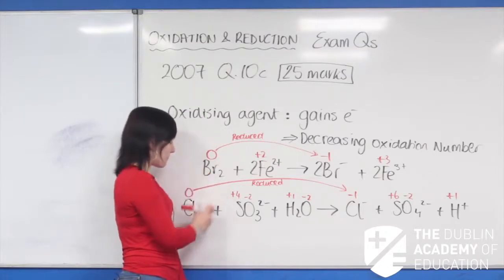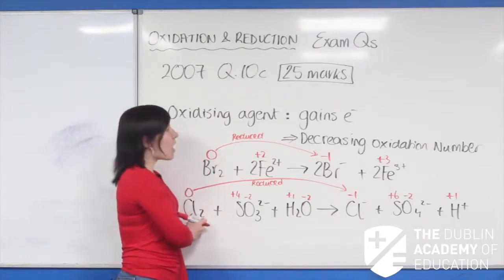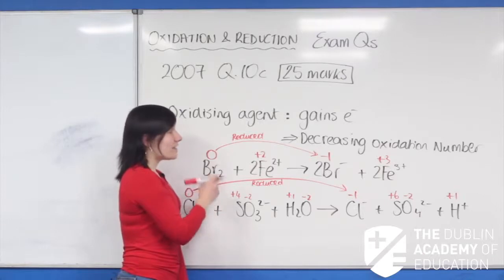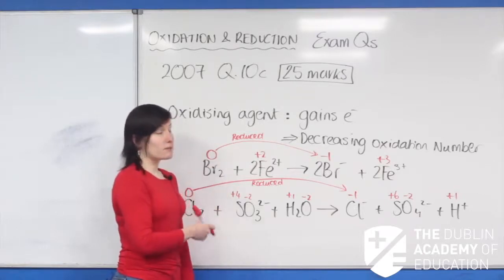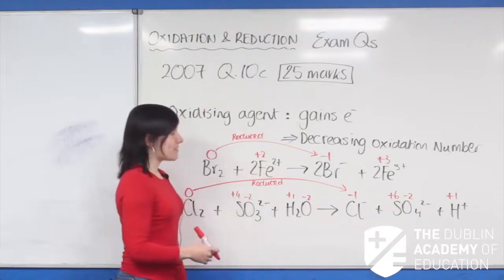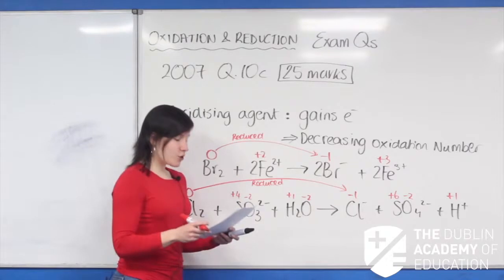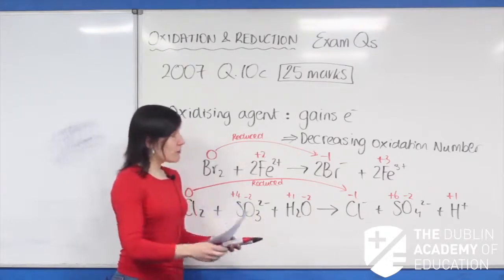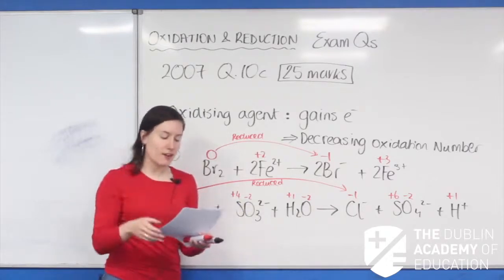Bromine in the first example and chlorine in the second. So oxidizing agents have decreasing oxidation numbers because they're gaining electrons. So their oxidation number will become more negative. All right. So we have been awarded 12 marks for that. So 4 plus 12, we've 16 out of our 25 marks.